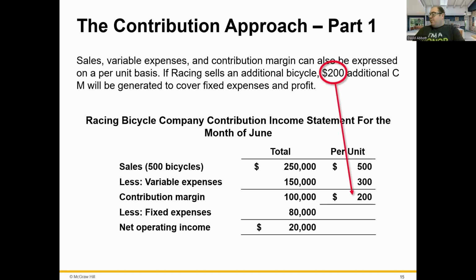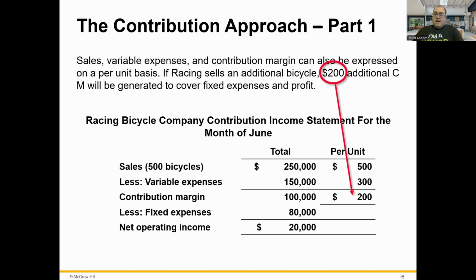Sales, variable expenses, and contribution margin can also be expressed on a per unit basis. And so, for example, for each additional unit that RBC sells, $200 more in contribution margin would help to cover fixed expenses and to provide a profit.